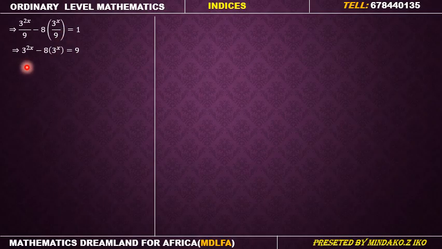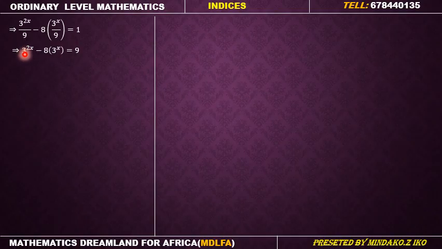Now there is a technique here that is actually disturbing most students at this point. Look at something here. This is 3 power 2x, minus 8 multiplied by 3 power x, which is equal to 9. Now what I will do is send these two, since it is multiplication, and multiplication is commutative.